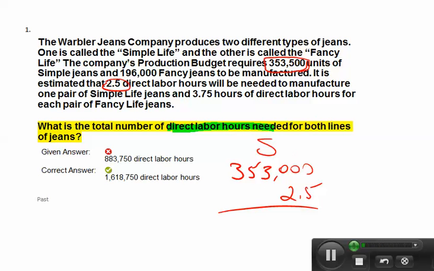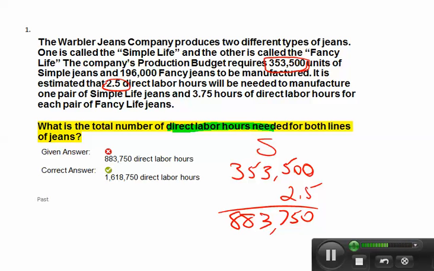So 353,500 times 2.5 hours equals 883,750 hours. So that's how many hours we're going to need for the Simple jeans.